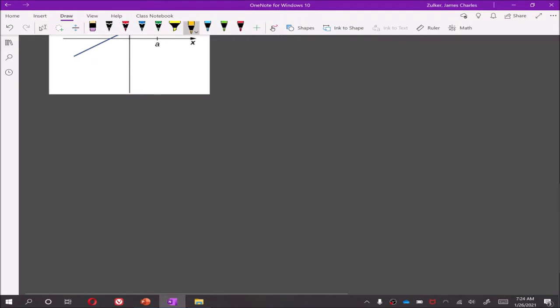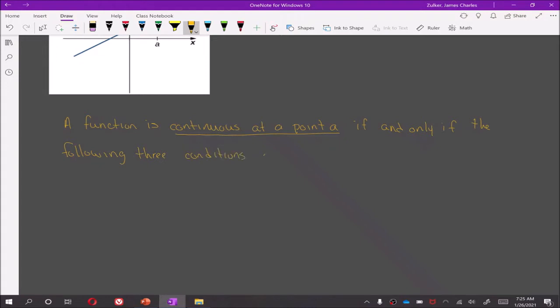So we say that a function is continuous at a point a if and only if the following three conditions are satisfied.